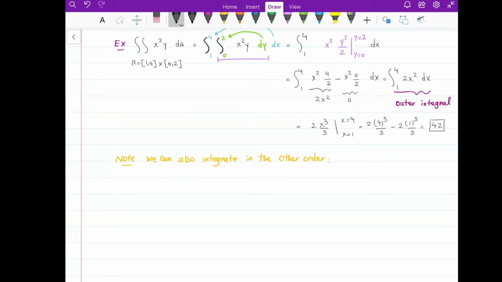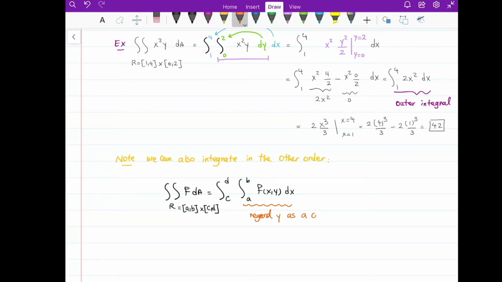How? I'm going to say that the integral of f dA over the rectangle R, just assume that your rectangle R is [a,b] cross [c,d]. Now I can write the integral from c to d, and then from a to b of f of x and y, and I write dx in here, which means that here you can regard y as a constant.